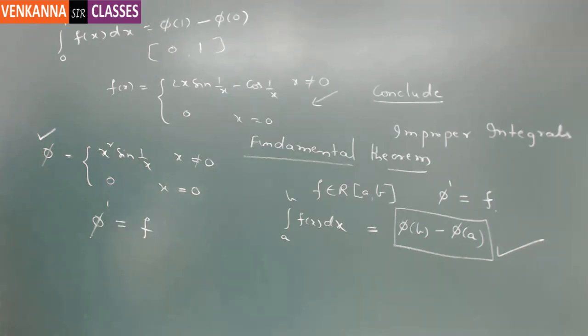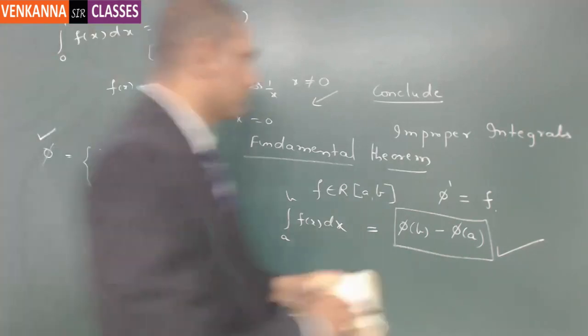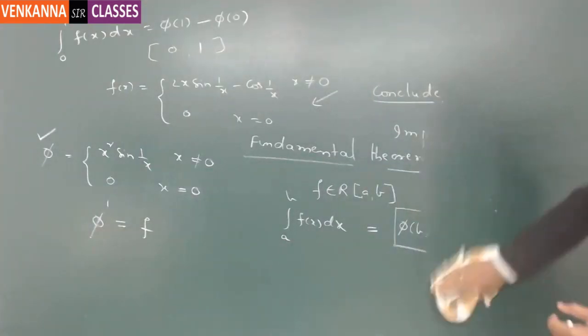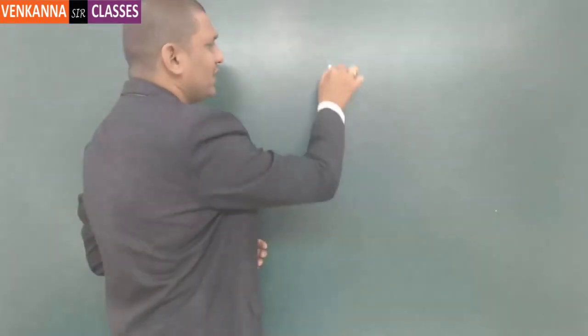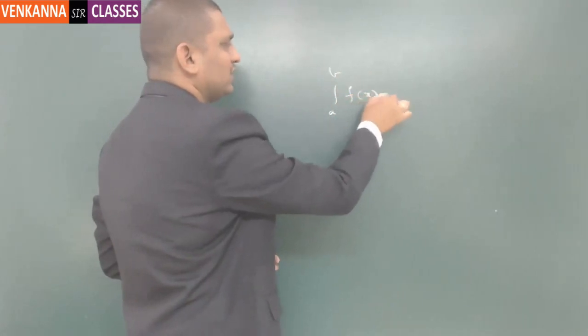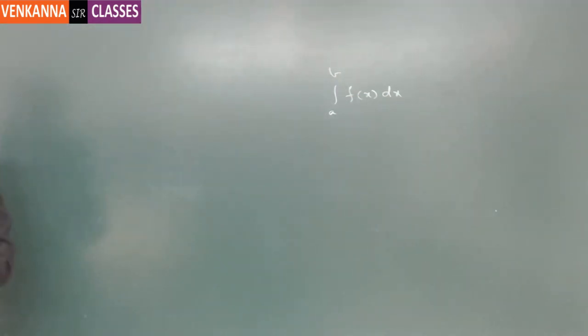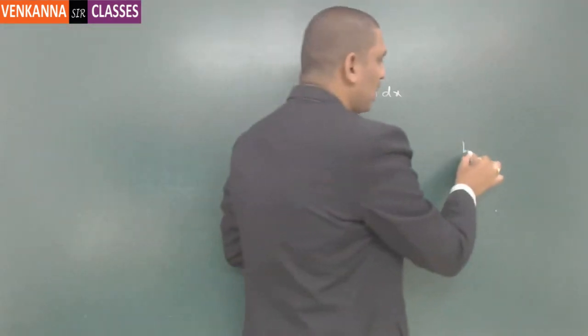Then I go to the other part, if you are clear. Fine. The other interesting thing is, whenever we are going to evaluate the integral from a to b of f(x) dx, there is one small result that this integral value is always a multiple of b minus a.